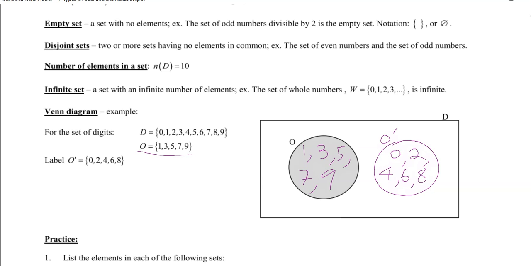So we've got our O: 1, 3, 5, 7, 9. Those are inside the circle O. Each one of those is an element or member of the set O. O prime, also read as not O, is 0, 2, 4, 6, 8.